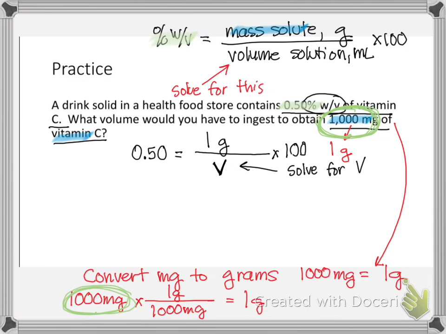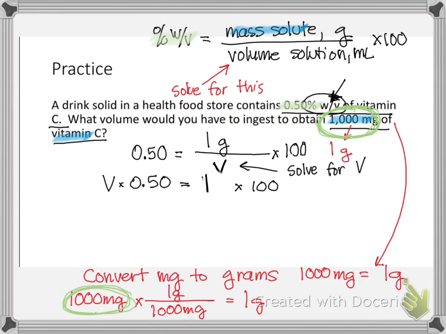So V is in the denominator, so I'd have to multiply it over to the other side. Then I would get V times 0.50 equals 1 gram times 100. And I will tell you, you know I love units, but since these don't really use units, like they just tell us up here percent weight to volume, it's a little easier to take them out.